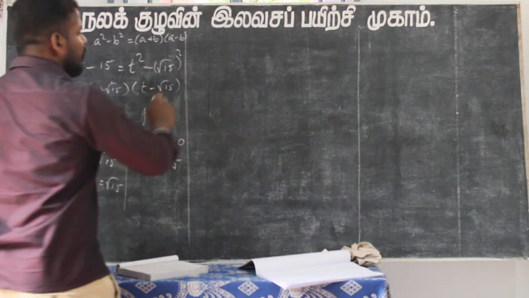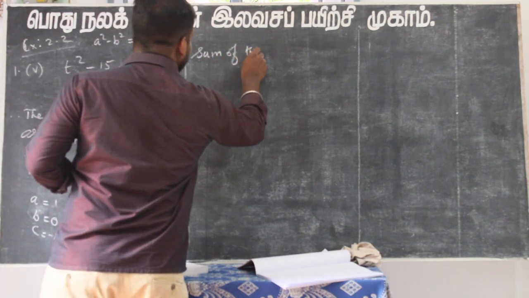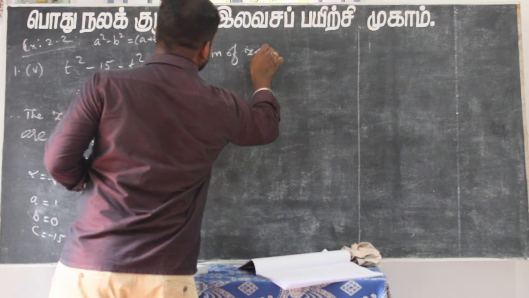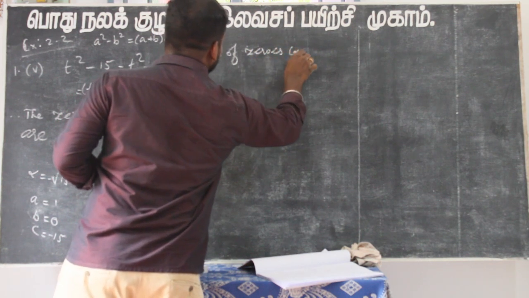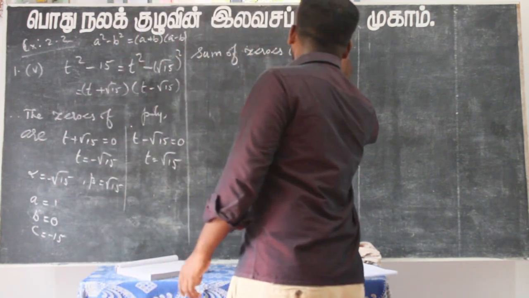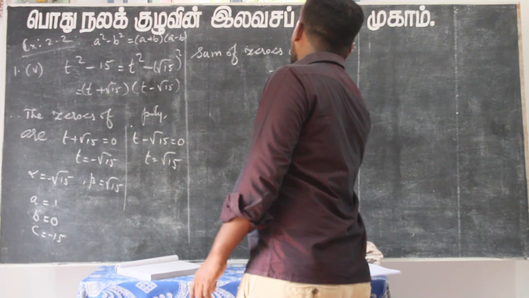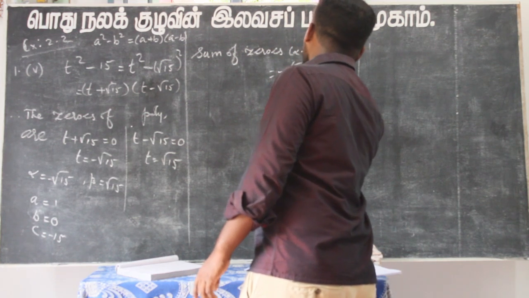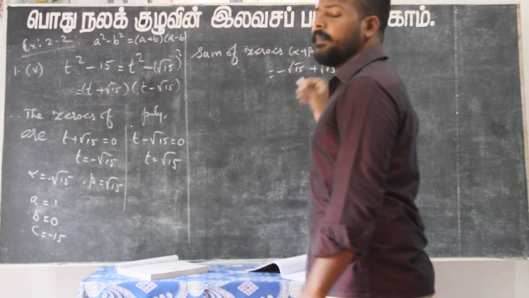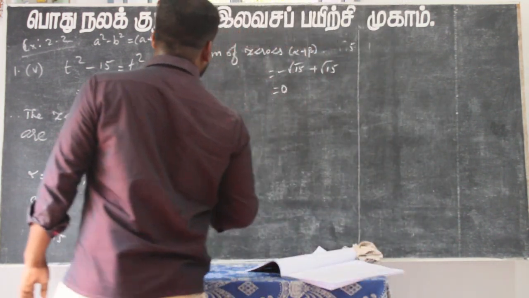Sum of the zeros is nothing but alpha plus beta. Minus root 15 plus root 15, what will we get here? We will get 0.